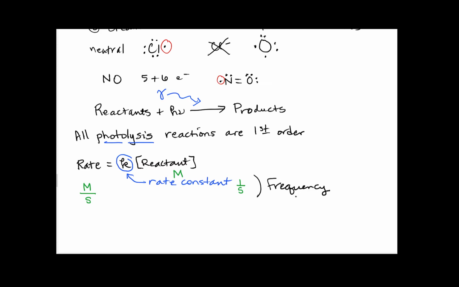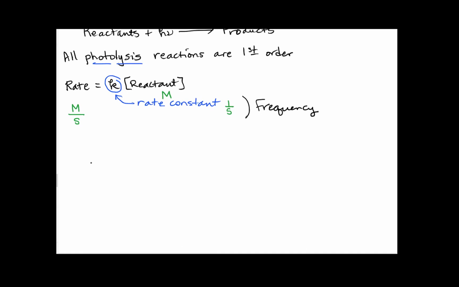This rate constant is a frequency that relates to how often a chemical reaction is going to take place. So for these photolysis reactions, we're going to write k sub p, our photolysis rate constant.